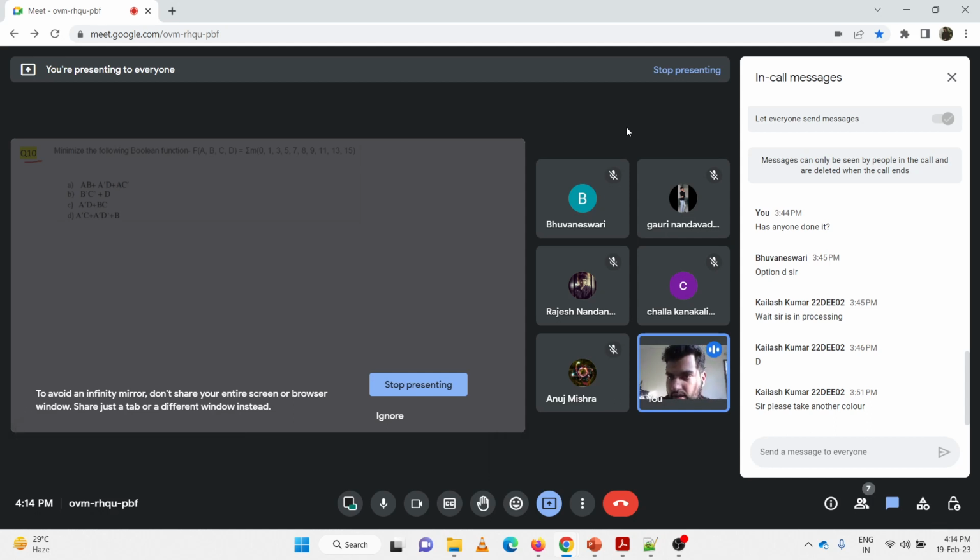It's a 4 variable function and you are required to minimize it. So you can use a K-map or any other way if you would like.